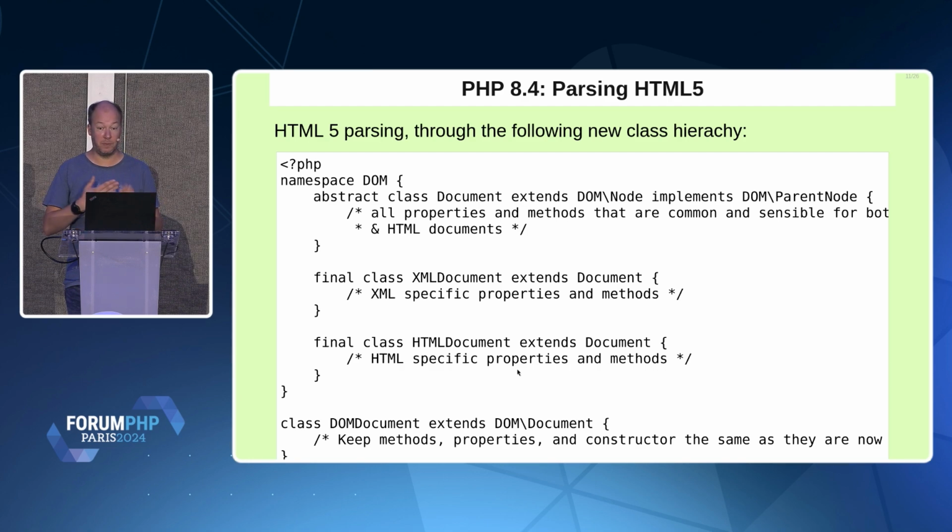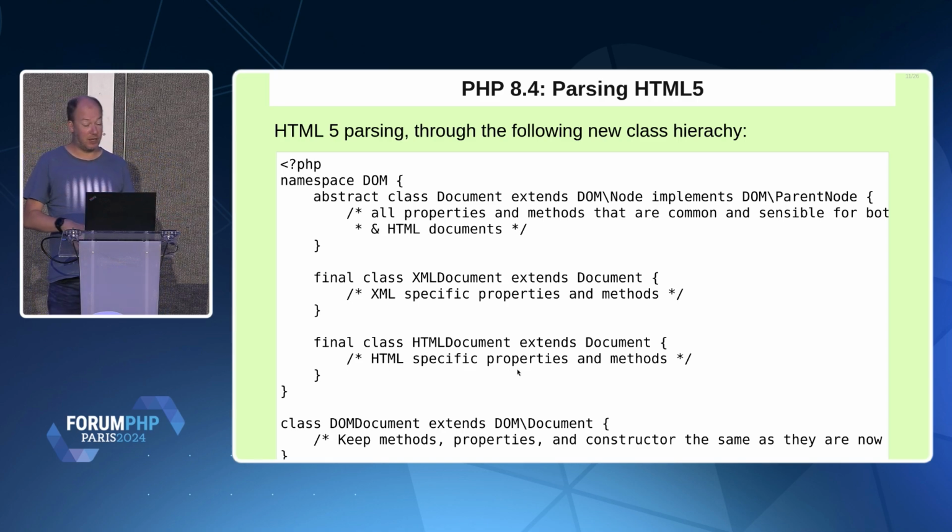So what we have done for PHP 8.4 is that we replaced the HTML parser with a new one that is an HTML5 parser. But we didn't really want to break people's code, right? Because breaking people's code is not a useful thing to do. So what happened is that we created a new class, or a few new classes, in the new namespace called DOM, Document Object Model. So we have a new XML document class in there that basically wraps the old XML parser routines.